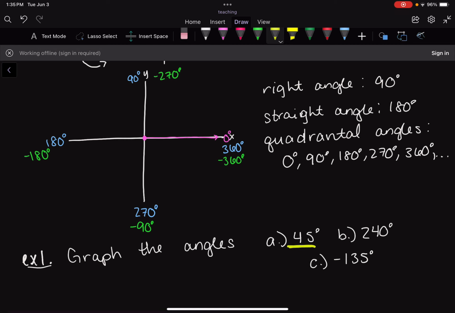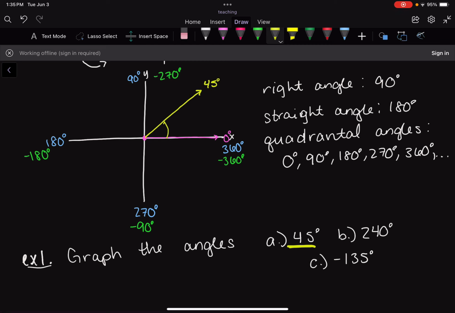So let's see, 45 degrees. And anytime I do an example, I really do recommend you pausing the video to work through it yourself before I give the answer. So 45 degrees is going to be right in the middle of 0 and 90, so I'll just put it right in the middle here.